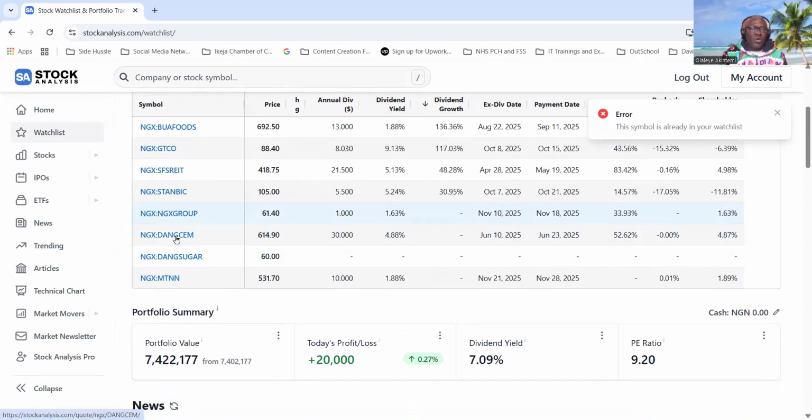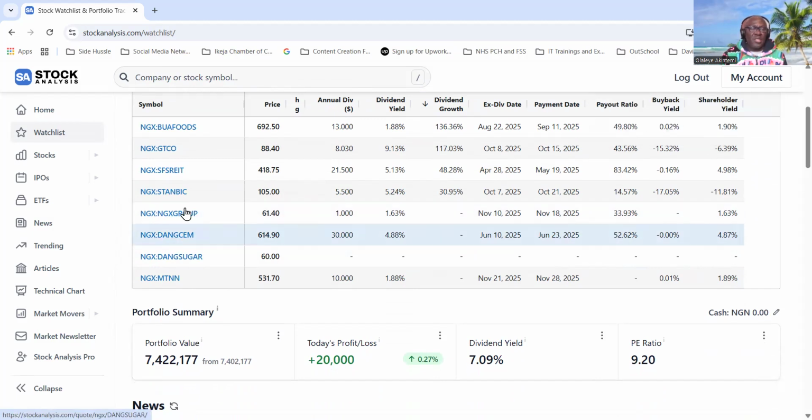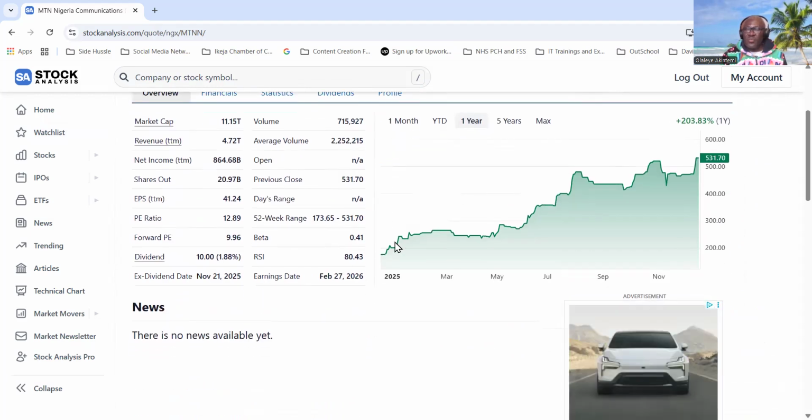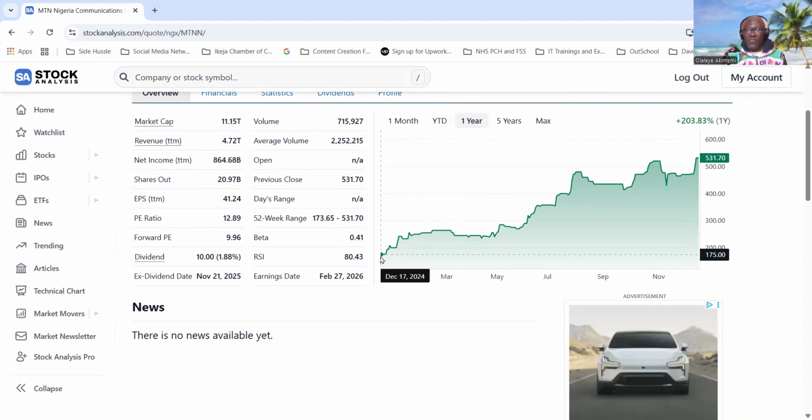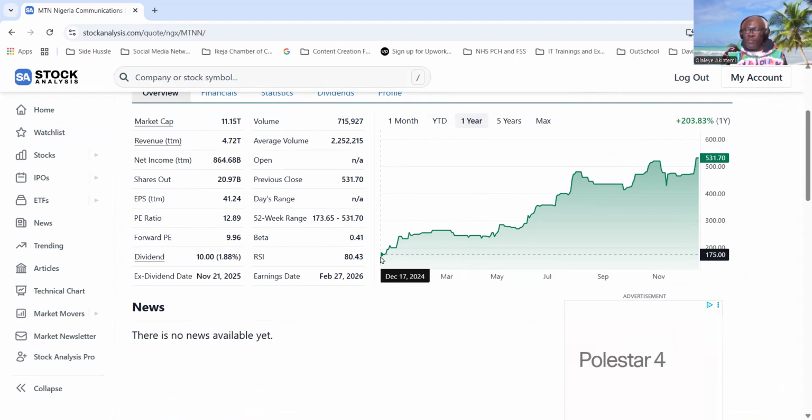Okay, let me do one more. Let me see how the price of MTN stock has moved. Right, again. So within 1 year, let's say from around December 2024, if you had bought MTN around December 2024, you would have paid 175 naira.